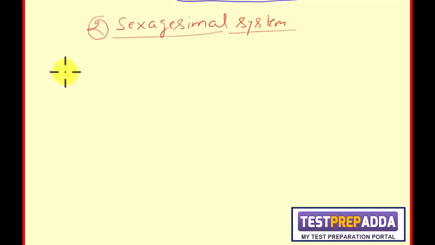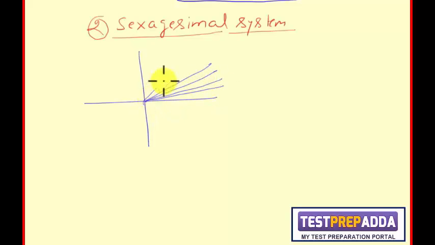Now in this system what we do, the one right angle is divided into 90 equal parts.